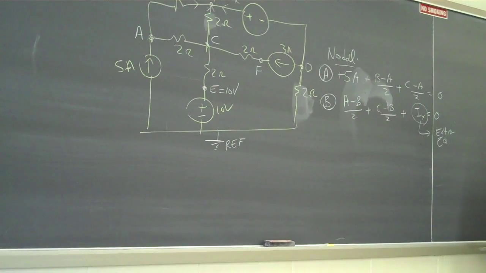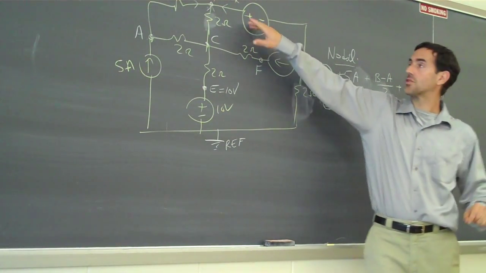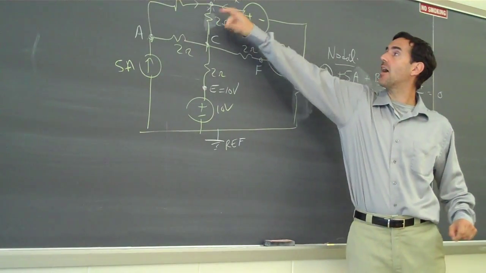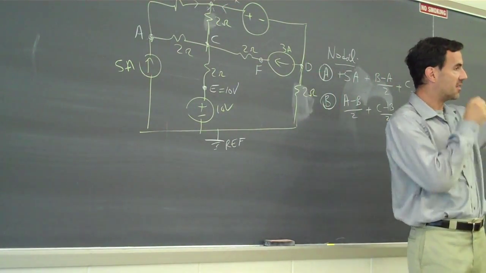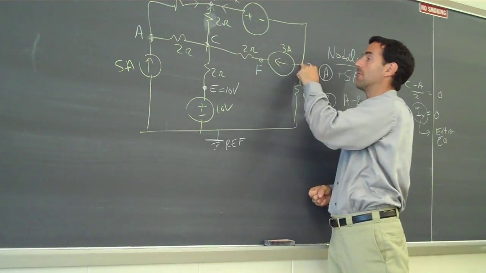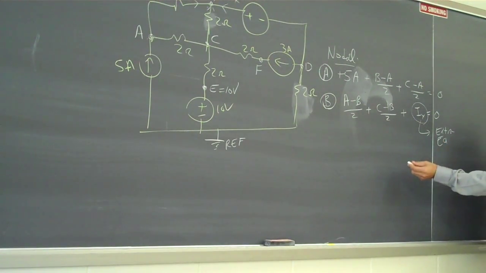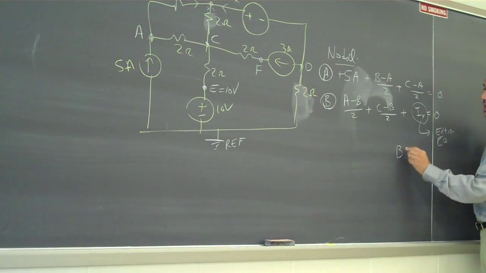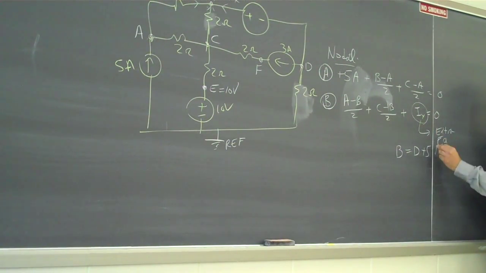What that 5 volts is telling us is that somebody's connected a power source here to force node B to be 5 volts bigger than node D. That's what a voltage source does. It creates a difference in voltage, in this case of 5 volts. So it makes node B 5 volts higher than node D. We would capture that in our extra equation as saying node B is equal to node D plus 5 volts.